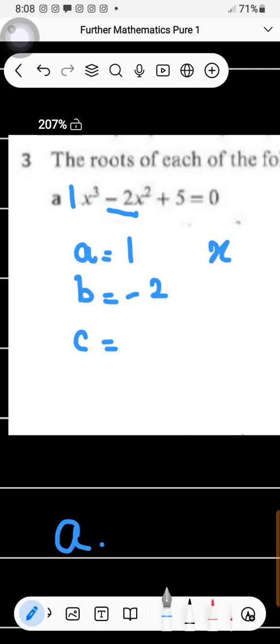In this equation there is an absence of x, so we can write 0. And the D is a constant which is positive 5.